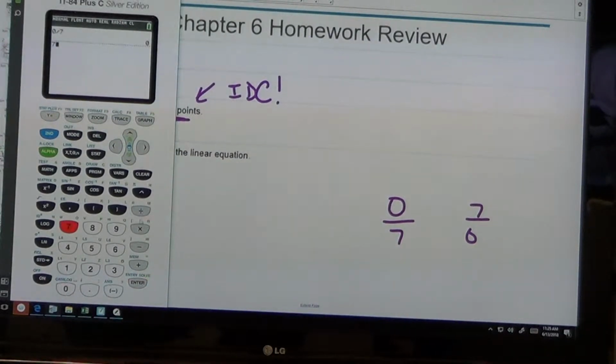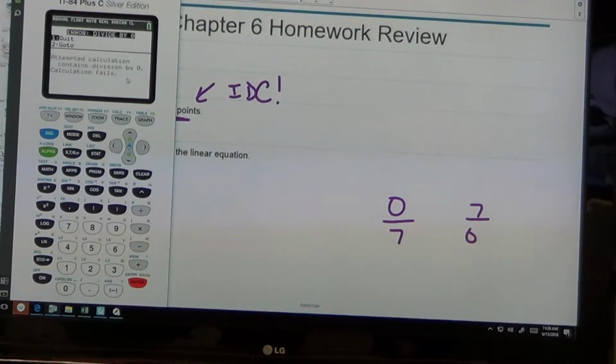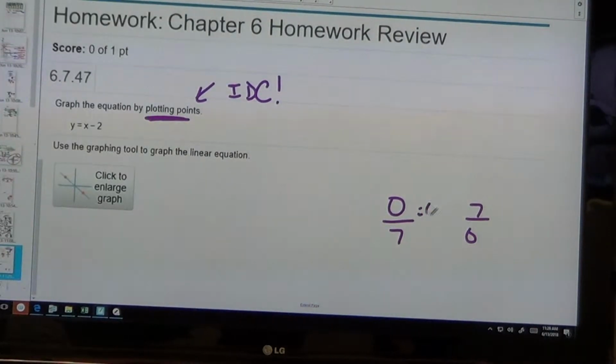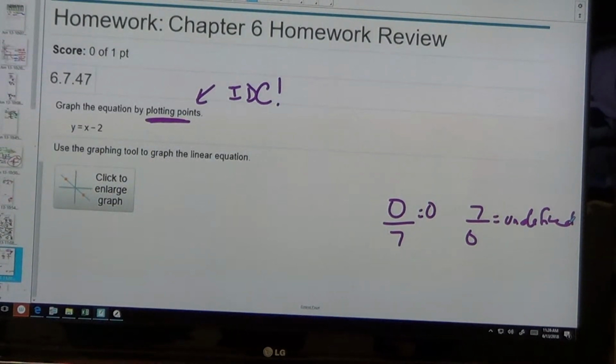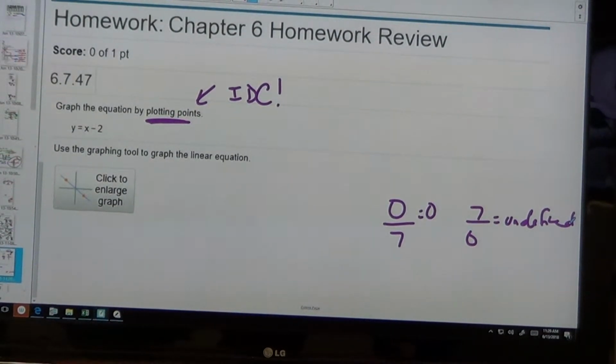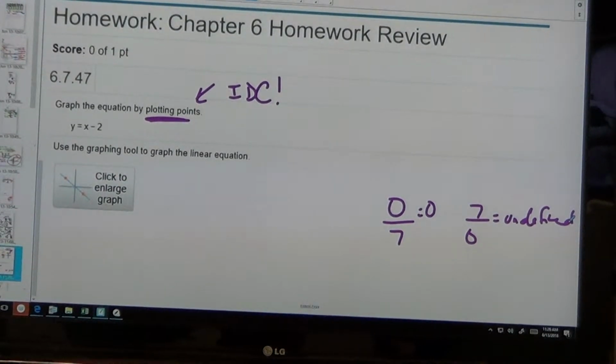But if you do 7 over 0, that one's gonna give you undefined. The way that I remember it is if 0 is under the line, it's undefined. So 0 cannot be on the bottom. That's the one that gives you the undefined. Did that help you?